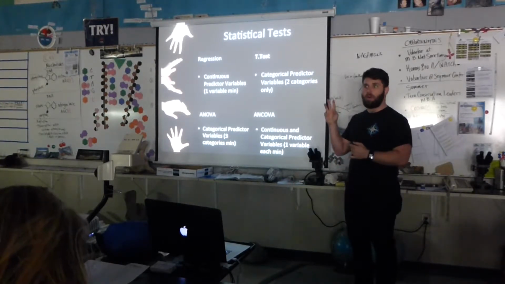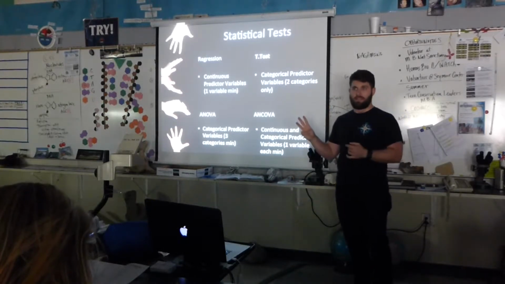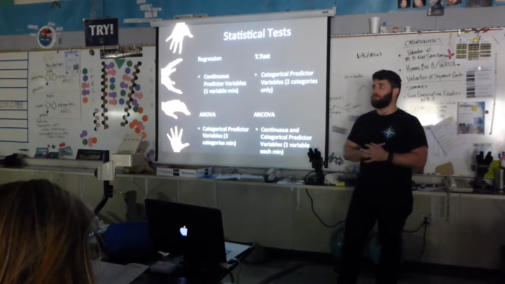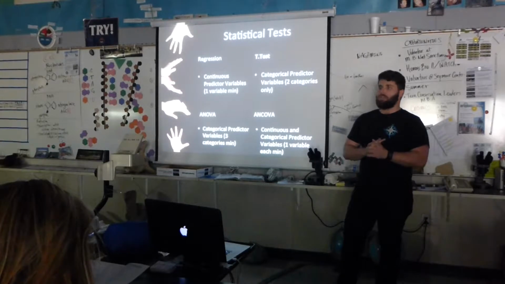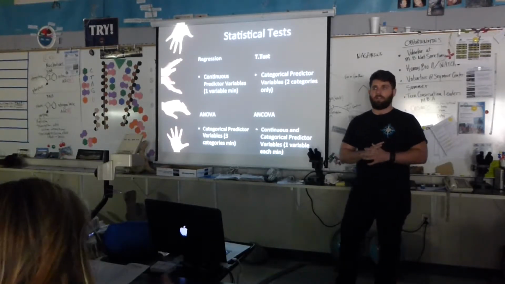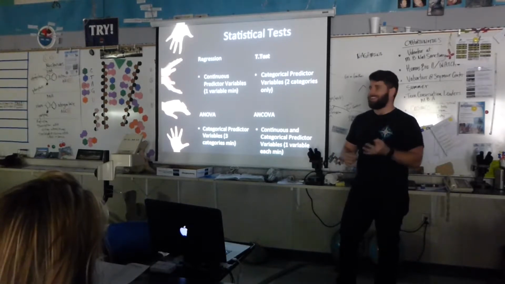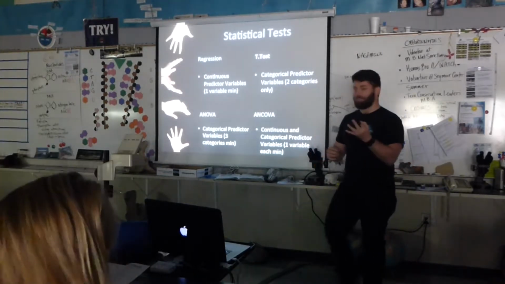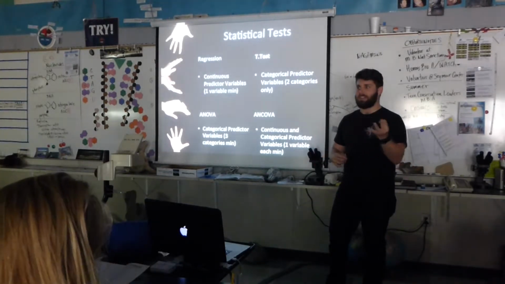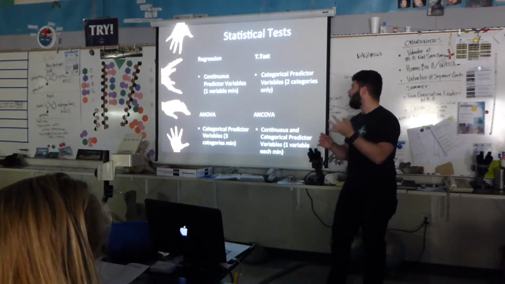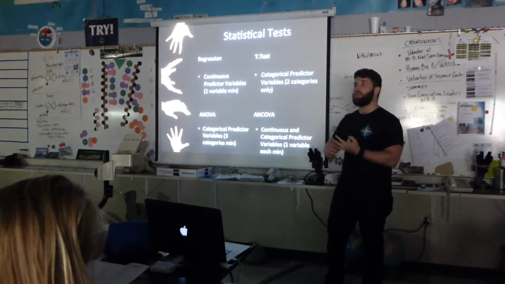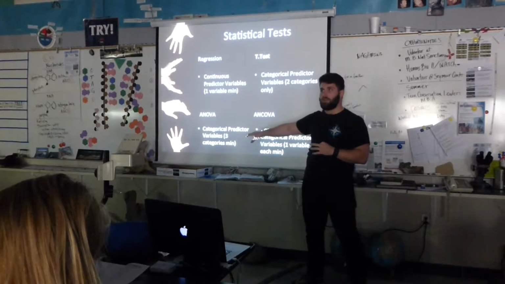So it can't be yes or no. It can be yes, no, maybe. So if you're going to test whether people enjoy $1 pizza day, and you gave them options of yes, no, or maybe, then you do an ANOVA. You no longer do a t-test, instead you move to an ANOVA.